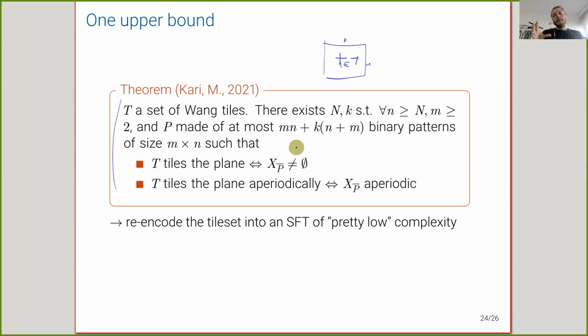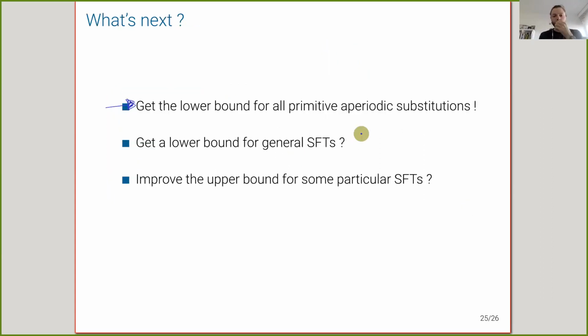So maybe if instead of re-encoding any set of Wang tiles, we take a particular well-chosen aperiodic set of Wang tiles, for this particular type we can be very clever and find an encoding that has a better bound than this, maybe lower, I don't know. That would be very interesting, to be more clever in the encoding by using a particular set of Wang tiles instead of re-encoding any general set of Wang tiles.